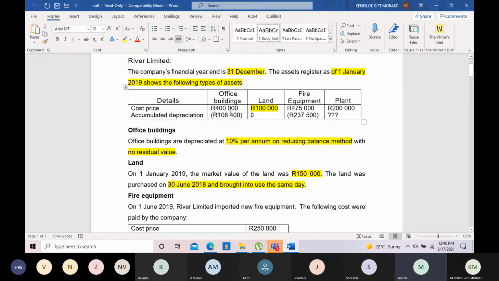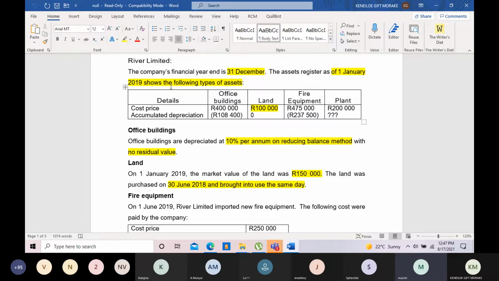Sometimes they'll say 31 December 2018. Those are still balances at the beginning. If they say 31 December 2018, those are still the balances at the beginning for the following year, because the balances that we closed with last year will be our opening balances for the coming year or for the following year.